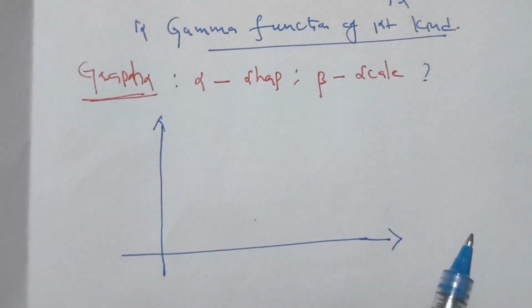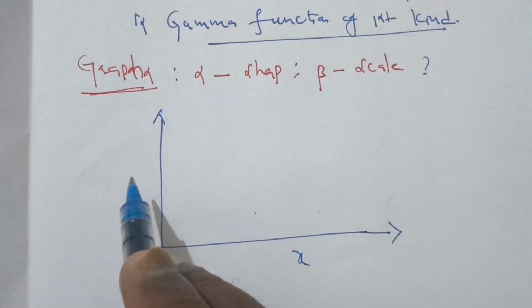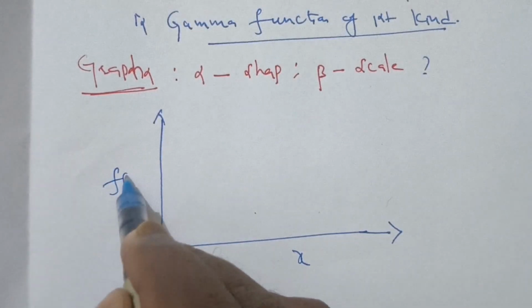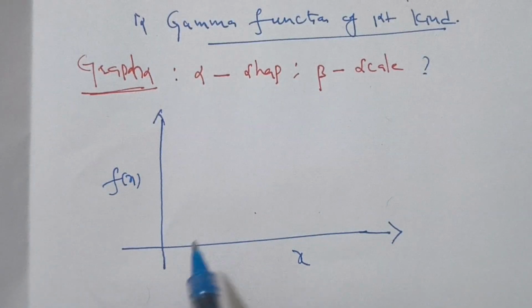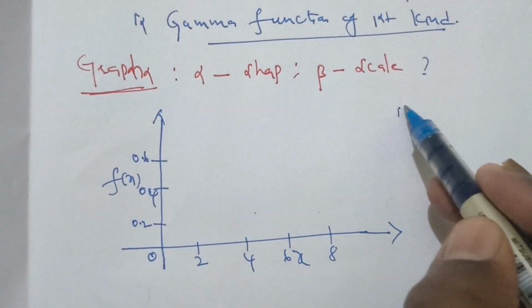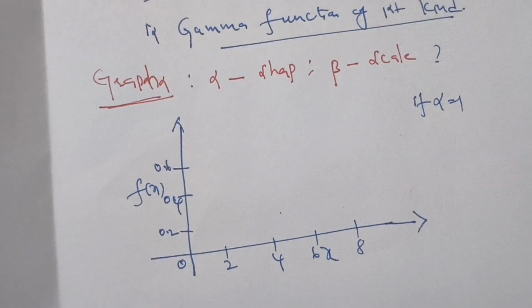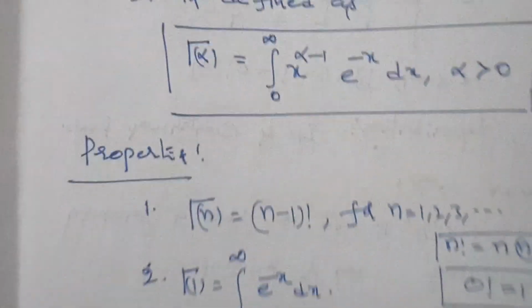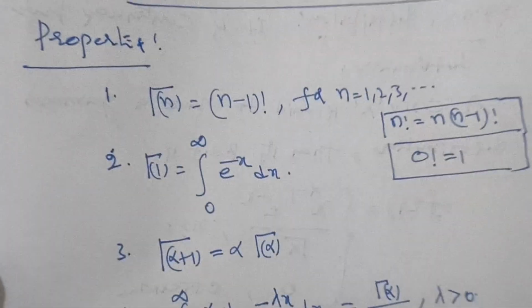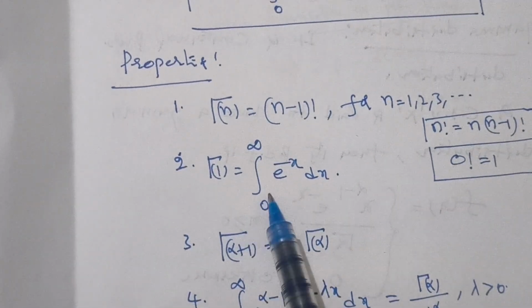Look at the graph here, the horizontal line and vertical line. The horizontal line indicates x and the vertical line indicates f of x. These are the values on the x-axis and y-axis. If we write alpha equals 1, in the definition, for alpha equals 1, we have the property in the second point here.